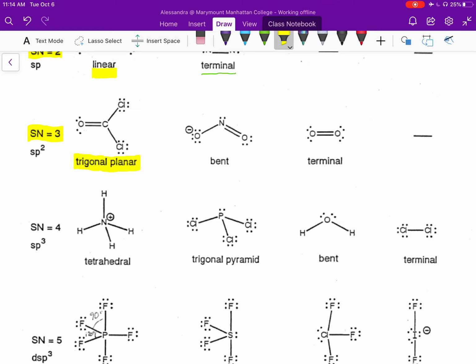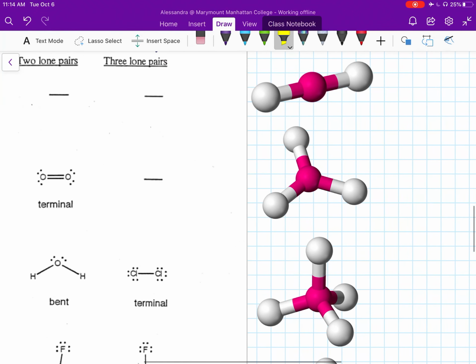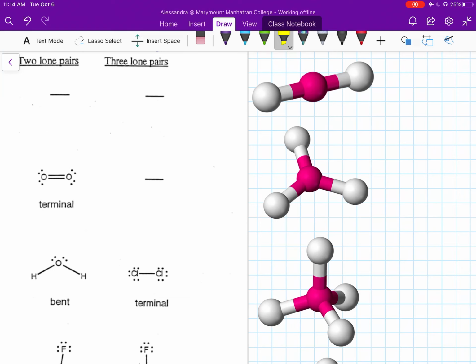Now, in a perfect situation, your trigonal planar geometry, okay, so here I'm showing you some kind of slightly more space-filling molecules. Your trigonal planar geometry would look like this: a flat molecule with bond angles equal to 120 degrees.